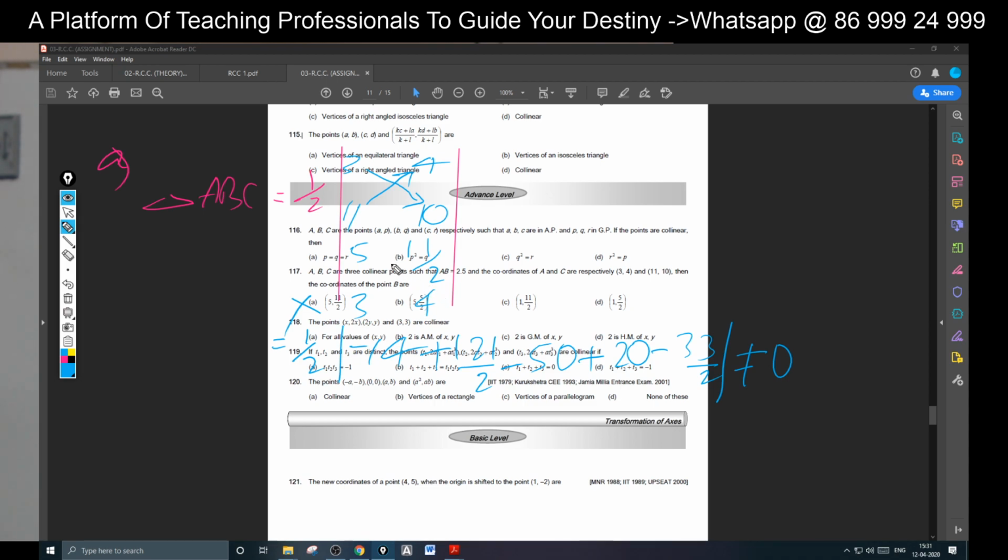Similarly, instead of 11 by 2, we will write 5 by 2. In the next case, we will write 11 by 2. Let us see that. Second option is 5 by 2.